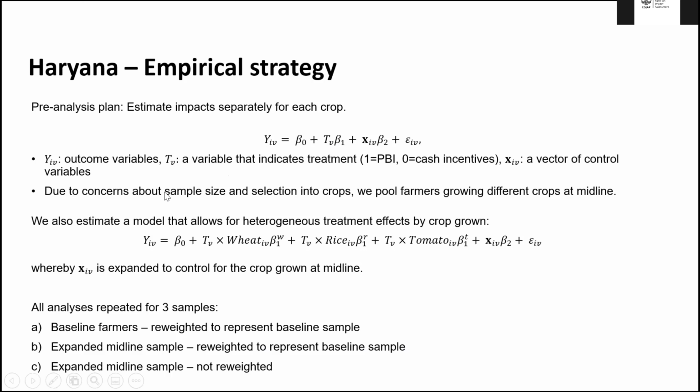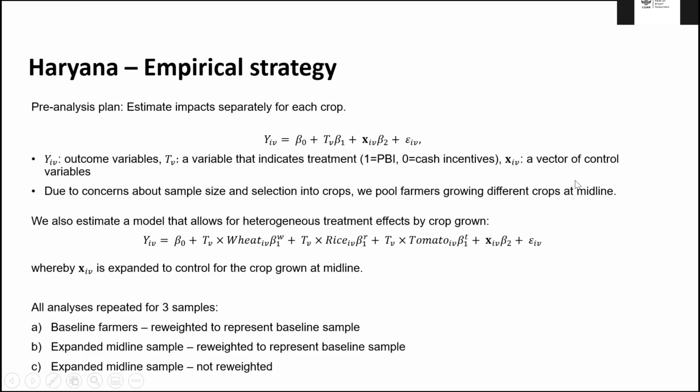Now, due to concerns about sample size and also selection into crops, although we pre-specified estimating impact separately for each crop, we decided in the main specifications in midline to pool farmers growing different crops. So to have one equation, one model estimated for all crops combined.